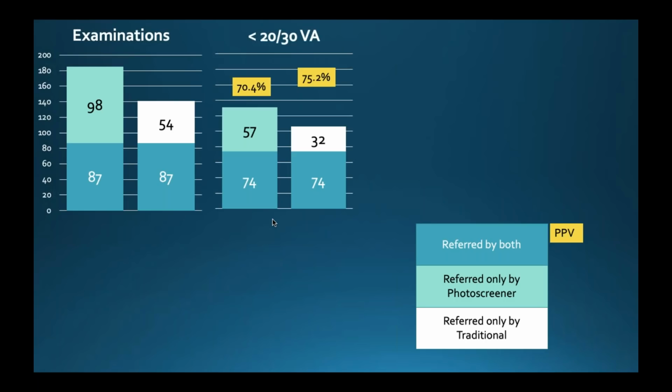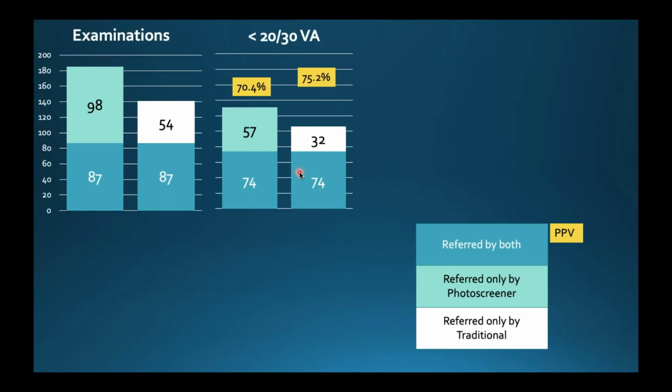we found that a higher percentage of children screened by the traditional method, 75%, did indeed have a visual acuity of less than 20/30, whereas 70.4% of those that were referred just by the photo screener had a decreased vision, which makes sense because the traditional method is directly measuring vision.